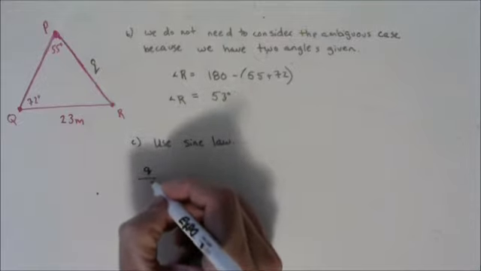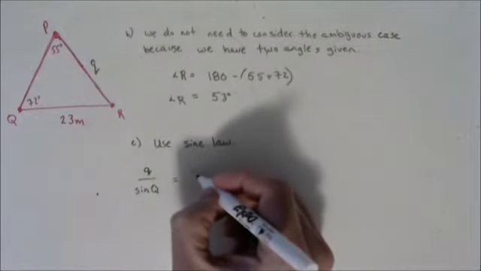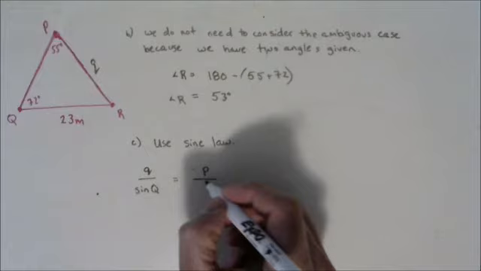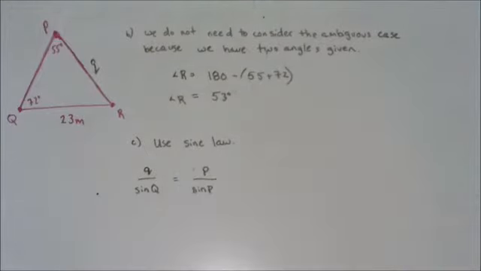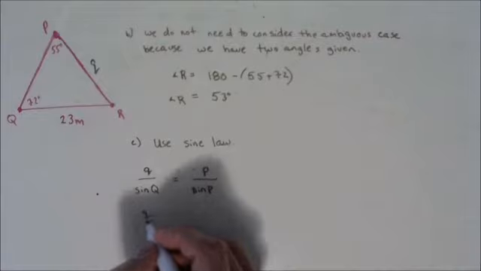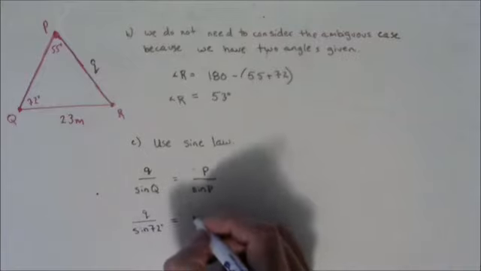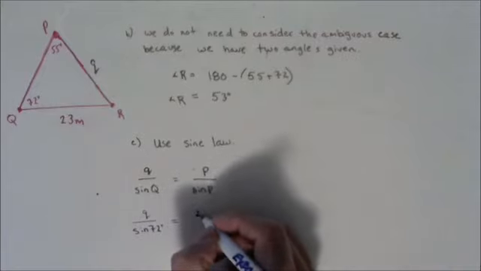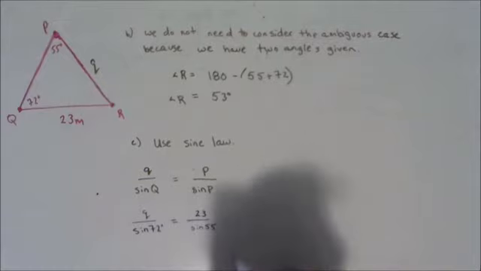I'm going to go with Q over the sine of Q is equal to lowercase p over the sine of capital P. I'm going to insert the information that I already know, which is everything except for Q. So Q over the sine of 72 is equal to lowercase p, which is 23, over the sine of 55.